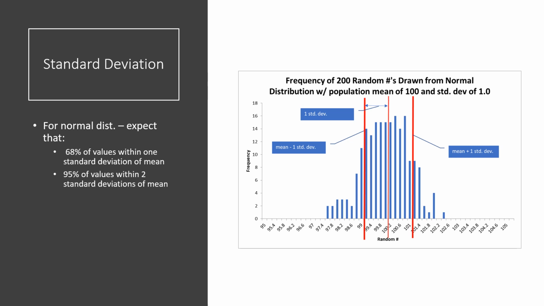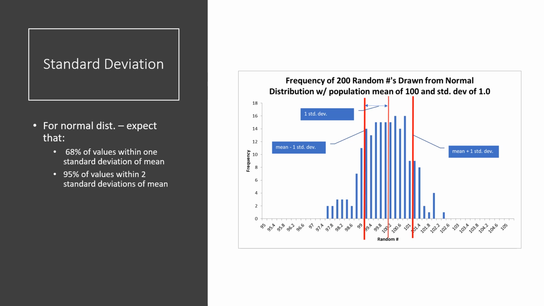If you have a bell curve, or normal distribution, the standard deviation tells you something about the percentage of values that fall within some range about the mean.